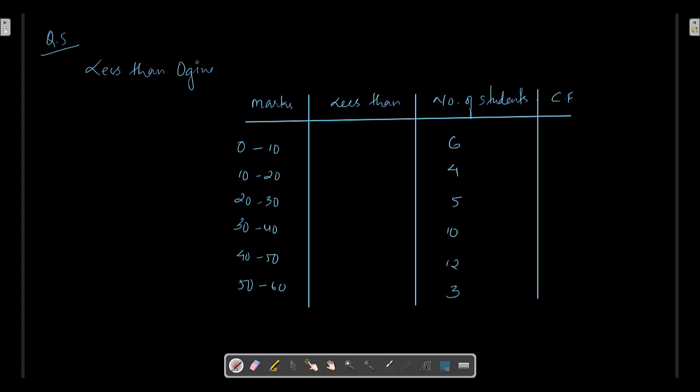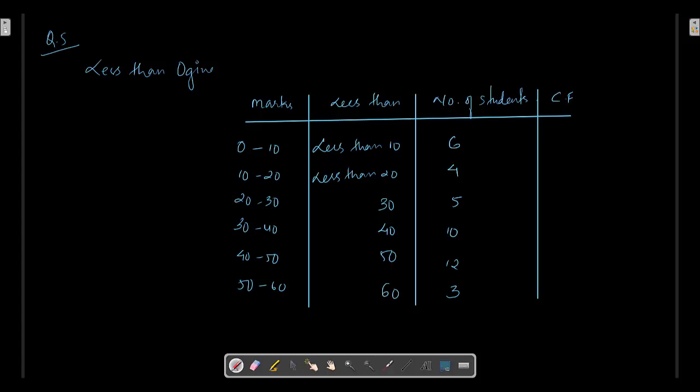It cannot be less than 0, it has to be less than 10. So we write less than 10, less than 20, less than 30, less than 40, less than 50, and less than 60.